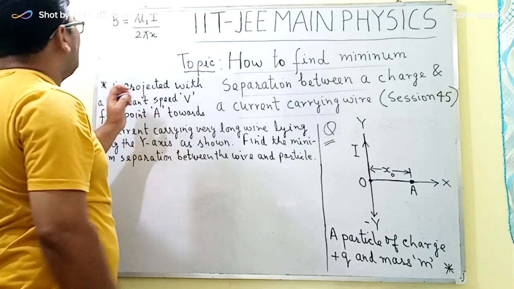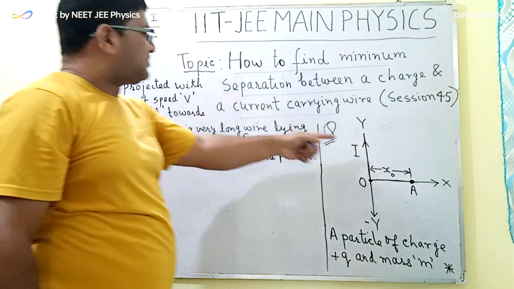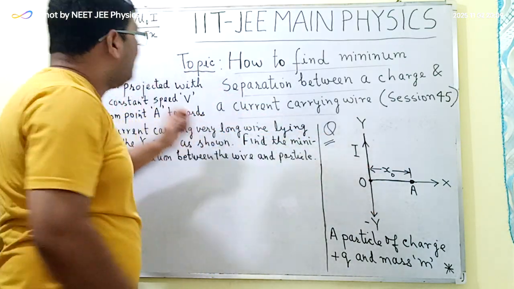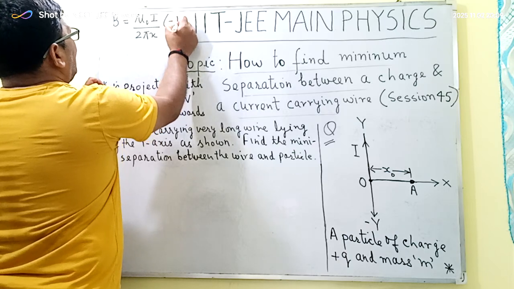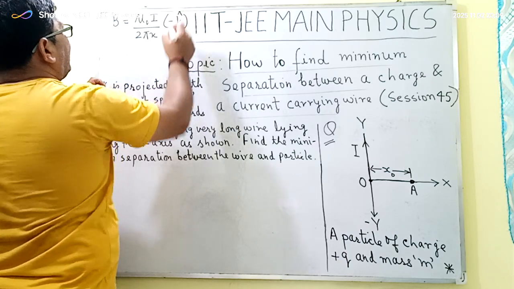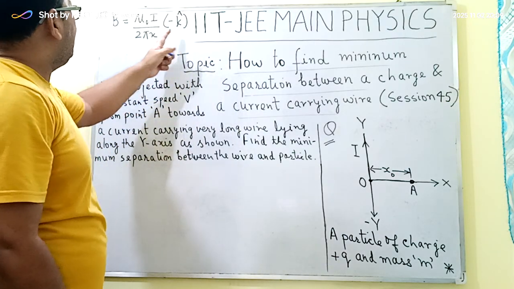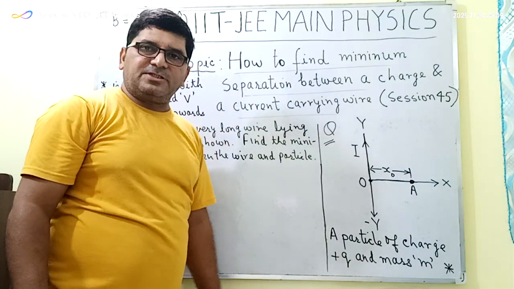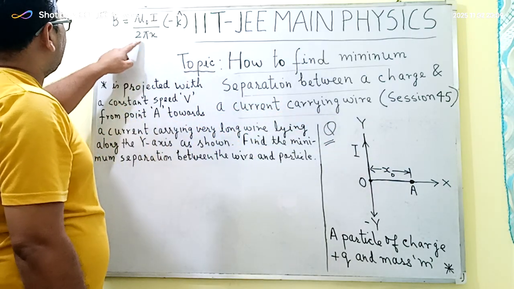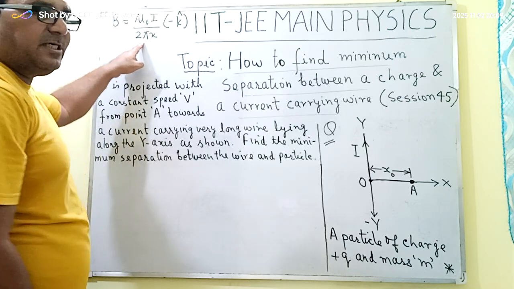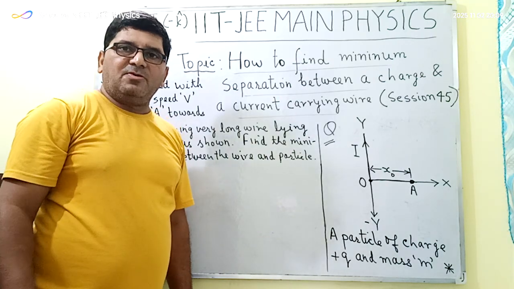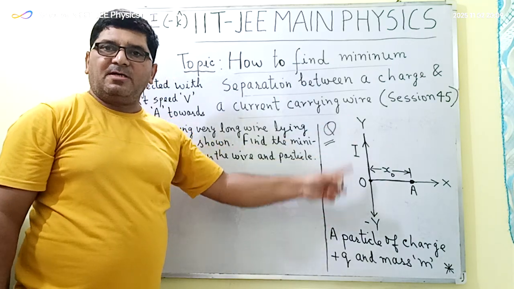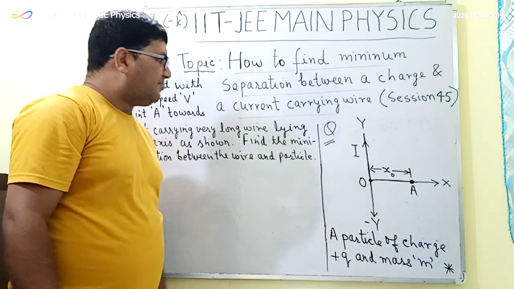This is the magnitude of the magnetic field at a distance x from this wire, and in vector form I will be writing it as minus k cap. Minus k cap means that the direction of this magnetic field is towards the negative z direction. This is the standard formula for calculating the magnetic field due to a very long current carrying wire or conductor.